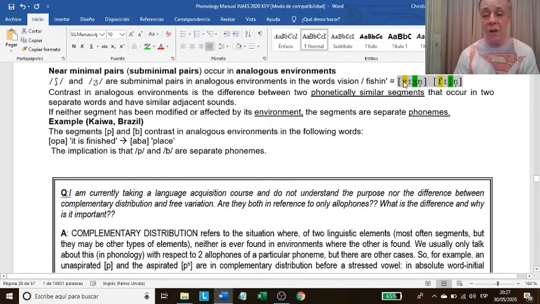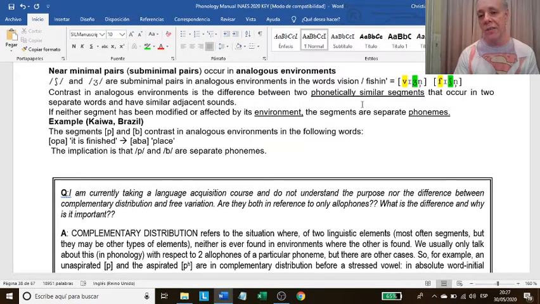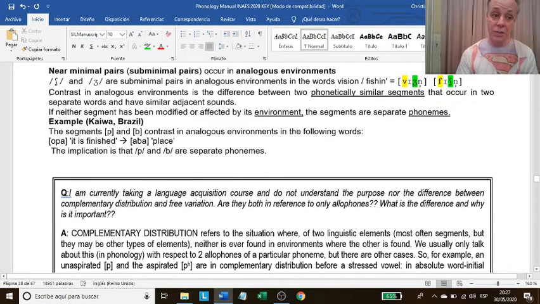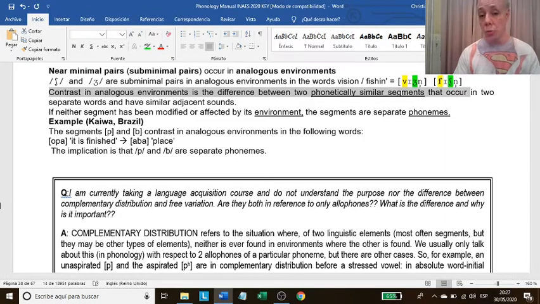If I didn't speak English, I wouldn't know if the V and the F are the ones that make the difference in meaning, or if the sh and the zh are the ones that make the difference in meaning. Because I know English, I know that the four sounds are four separate phonemes. But if I didn't speak the language, I wouldn't know. So what does it say? Contrast in analogous environments is the difference between two phonetically similar segments that occur in two separate words and have similar adjacent sounds.